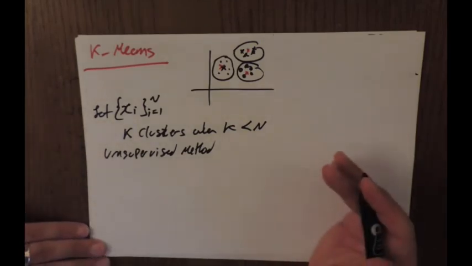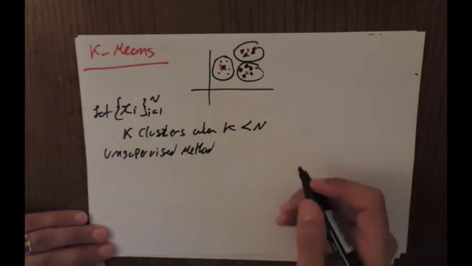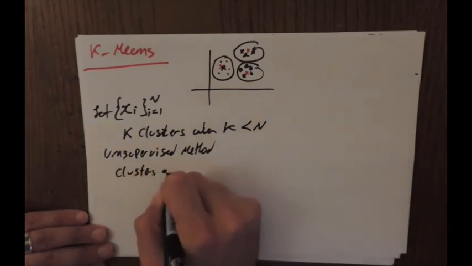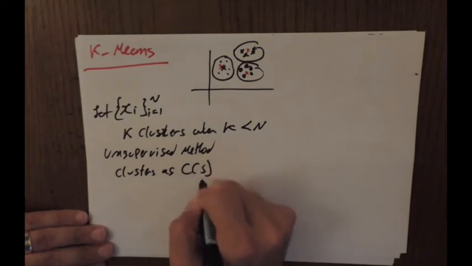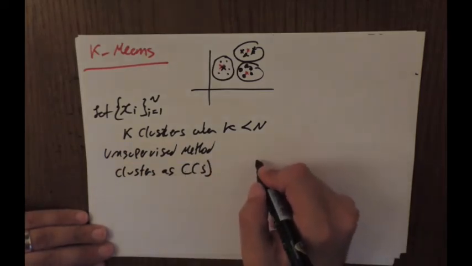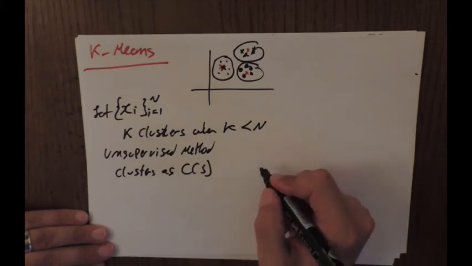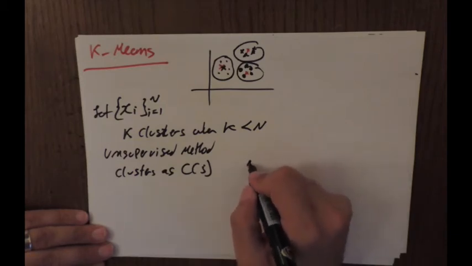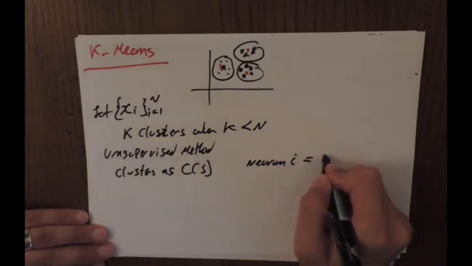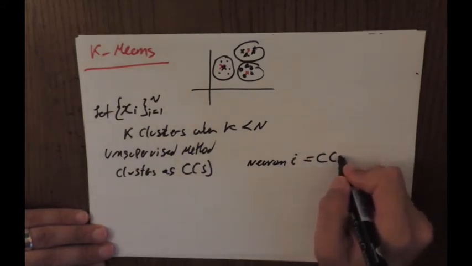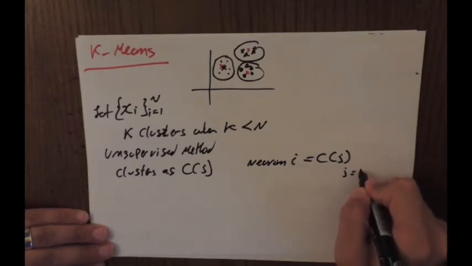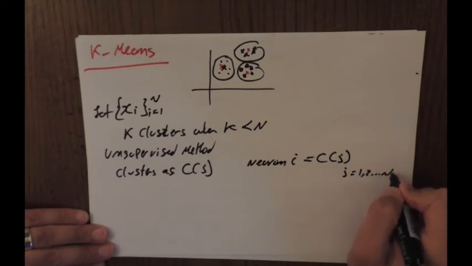We don't have a desired output, so we can call the clusters C of j. We want to find that the neuron j, or the neuron i, belongs to C of j, where j equals 1 all the way to n.